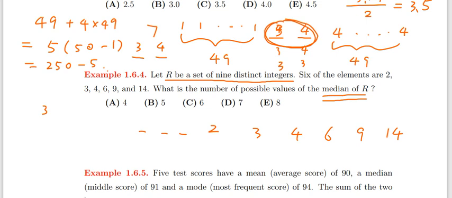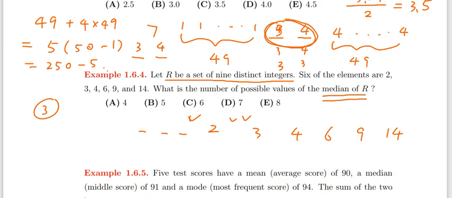Now suppose we put 3 numbers here, or 3 numbers and 1 number here. Still the possible median is 3.